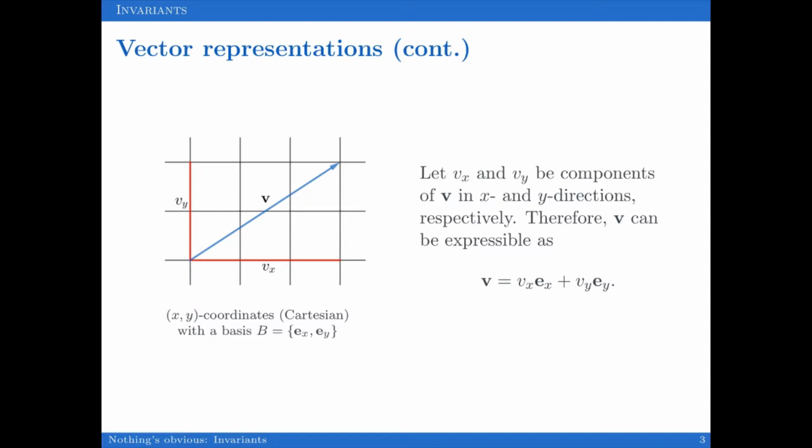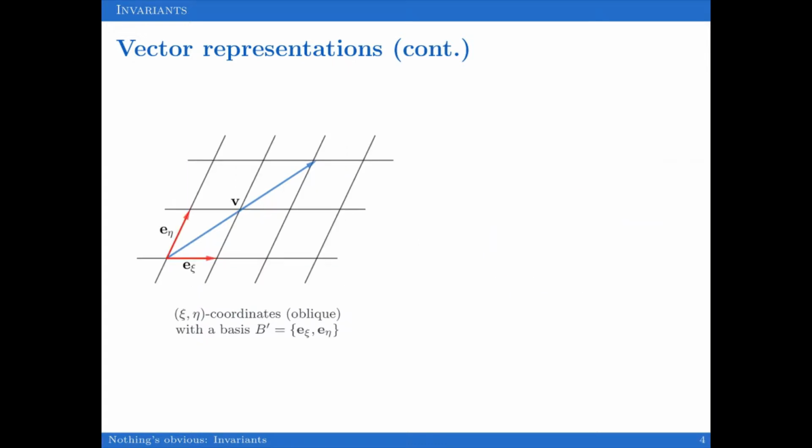If one asks, why do we have to choose the Cartesian coordinate? Can it be another coordinate system? Yes. For example, we have the orbit coordinate with a basis B prime, E psi and E eta.